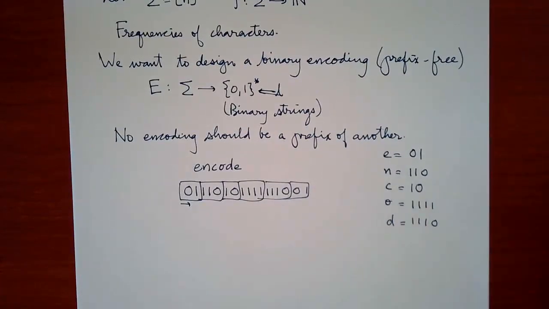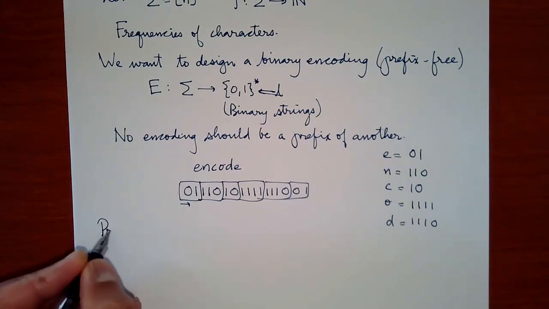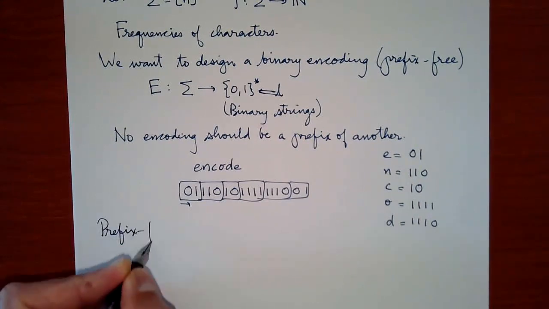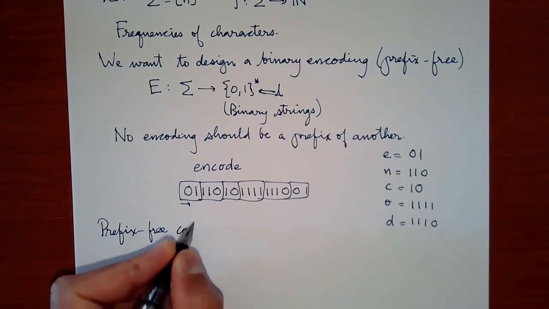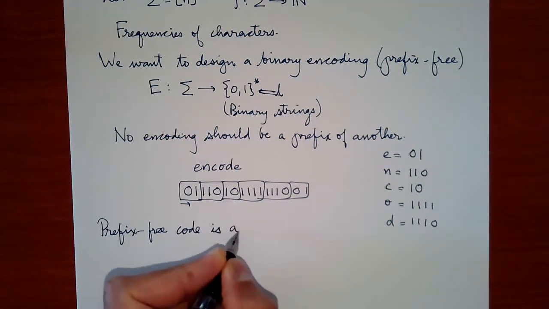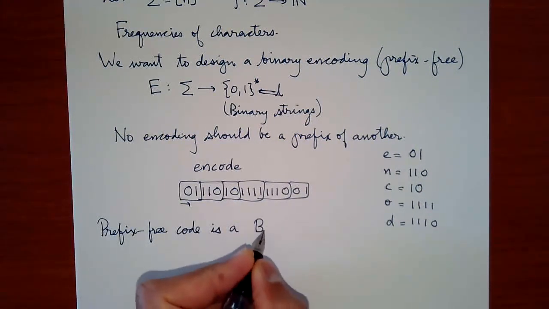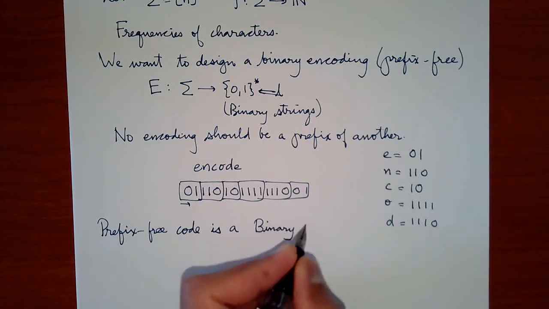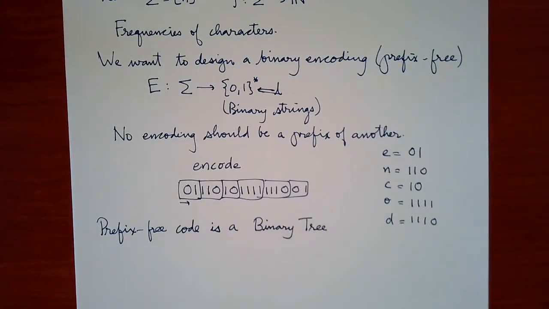Now, another way of representing a prefix-free code is a binary tree. You start at the root, and going left is a 0, and going right is a 1.